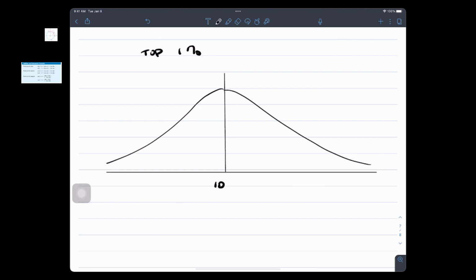Remember, the middle is the mean always. So the top 1%, this is a right tail. That means 1% is in that tail, and 1% is 0.01. You guys okay with that?